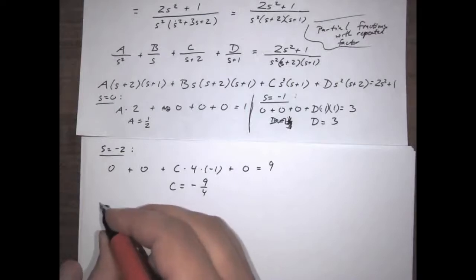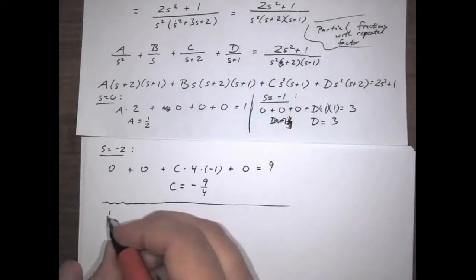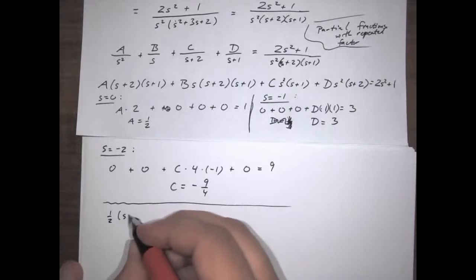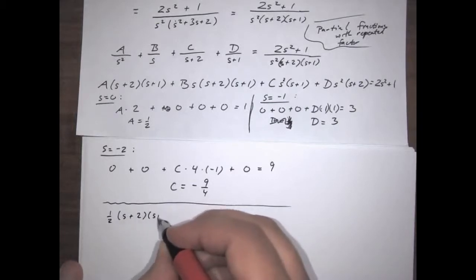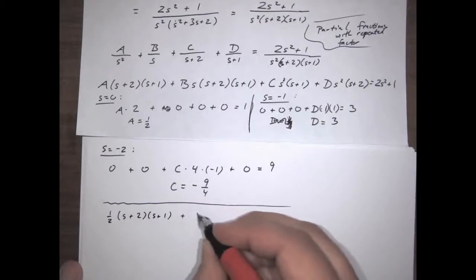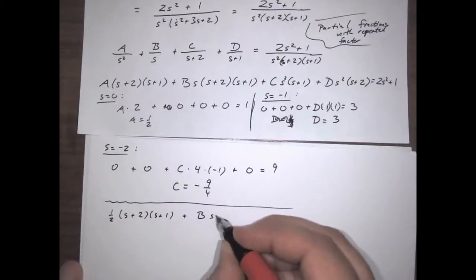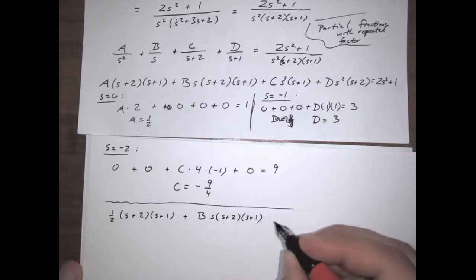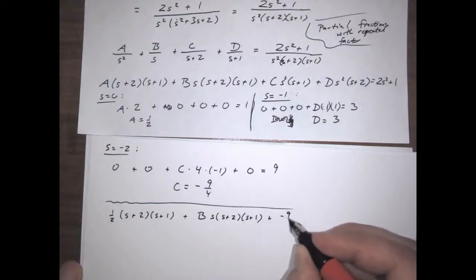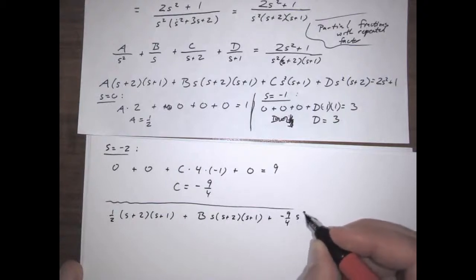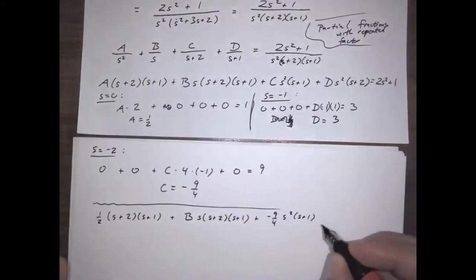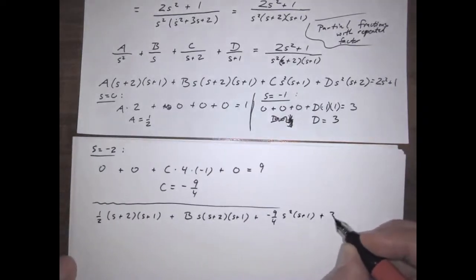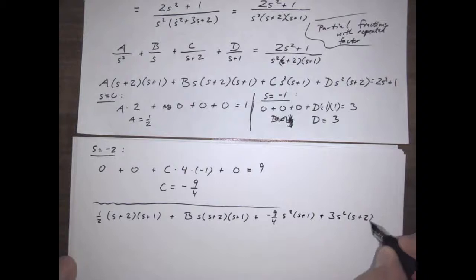So we could put in the ones that we already have. 1/2 times s plus 2 times s plus 1, plus the mystery B that we still don't have, times s times s plus 2 times s plus 1, plus now the -9/4 that we have for C times s squared times s plus 1, plus the 3 for the D times s squared times s plus 2 equals 2s squared plus 1.